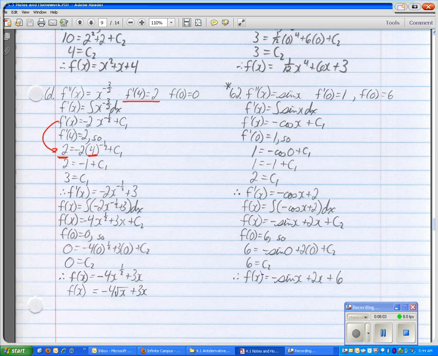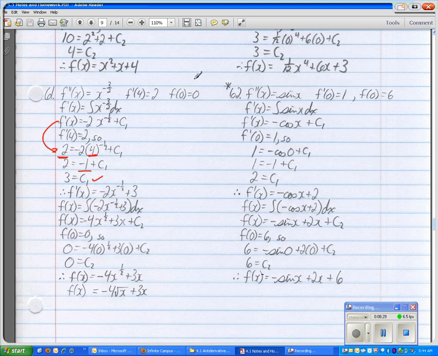So 4 to the negative 1/2 is the same thing as 4 to the 1/2 in the denominator. 4 to the 1/2 in the denominator, same thing as the square root of 4 in the denominator, which is the same thing as 2 in the denominator. So I had a negative 2 over that, so I get negative 1. Add 1 to both sides, and now we know what C1 equals.